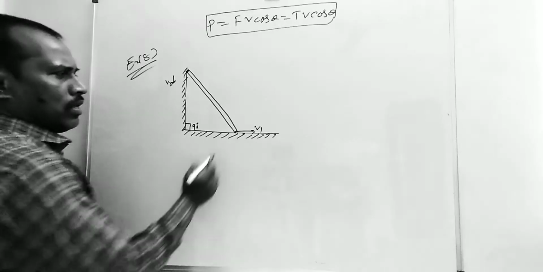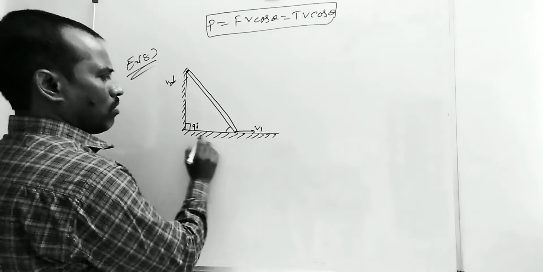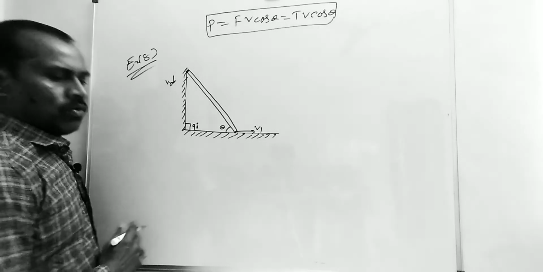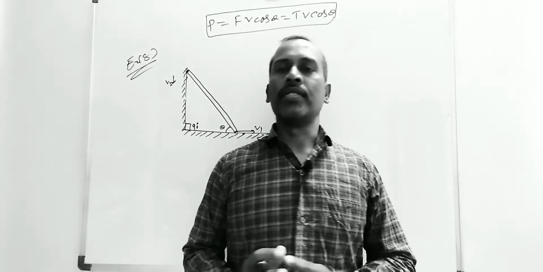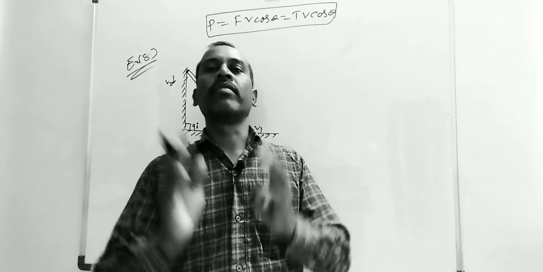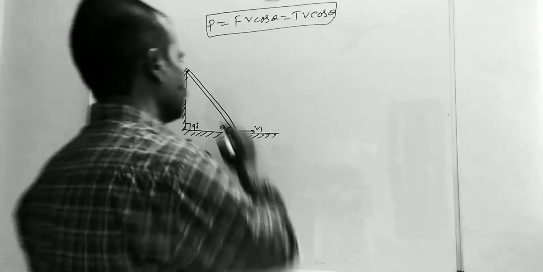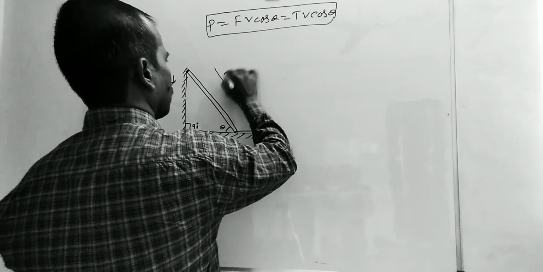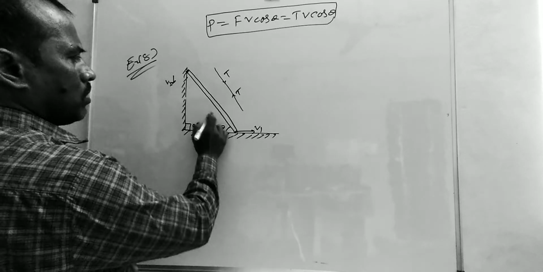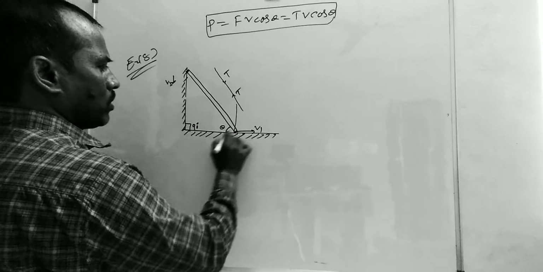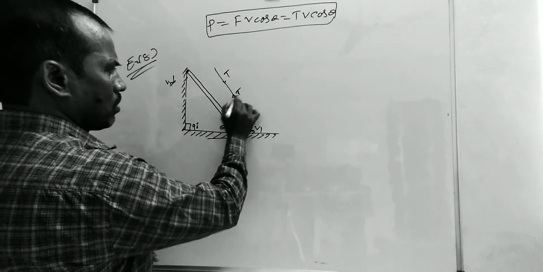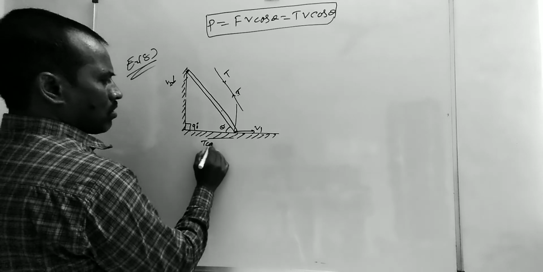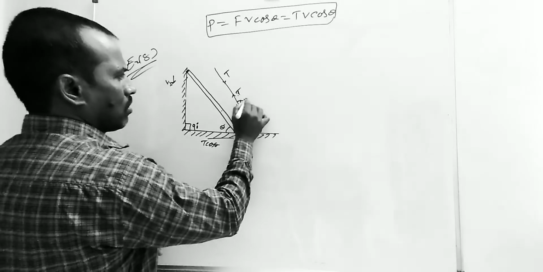Okay, the angle between the horizontal and this inclined rod is theta. Now first of all, we imagine the rod is a string with tension T. This string resolves into two mutually perpendicular components: T cos theta and T sin theta.